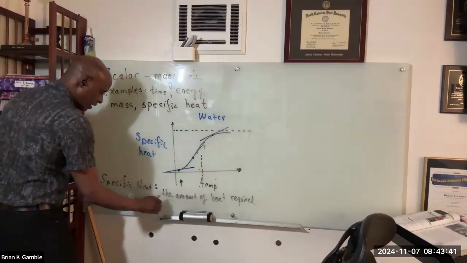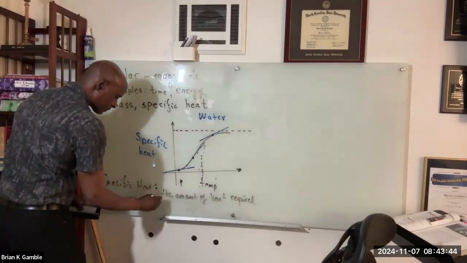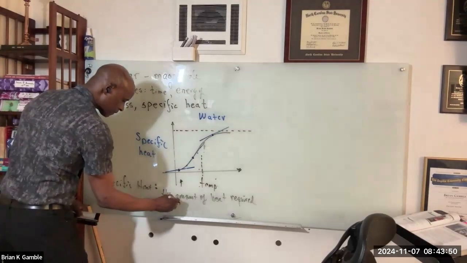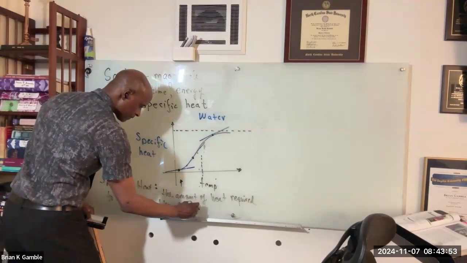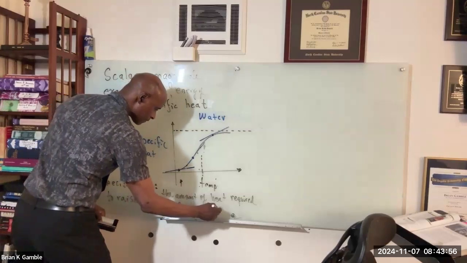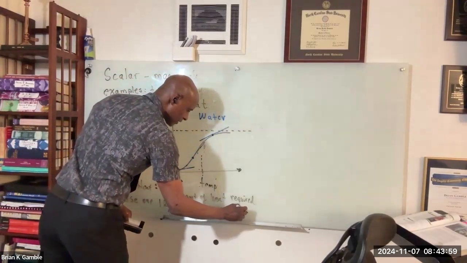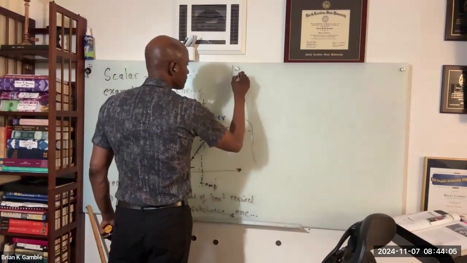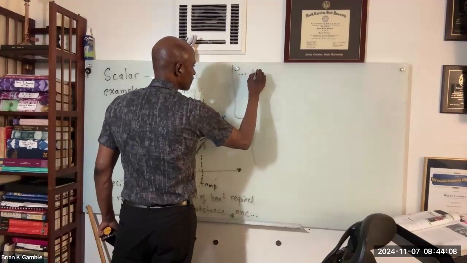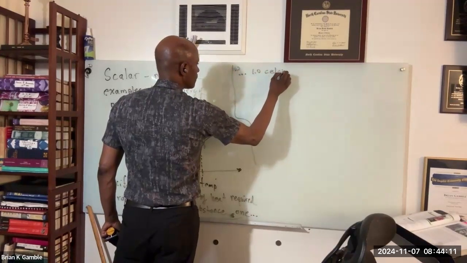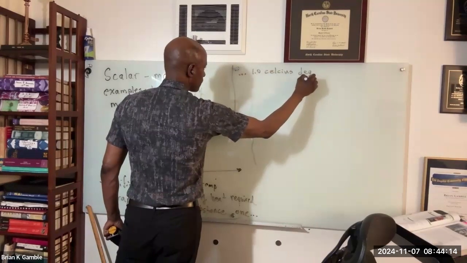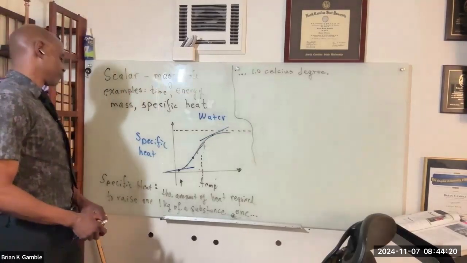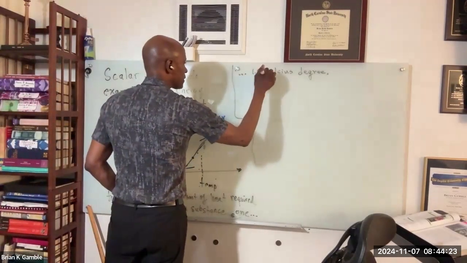I said 1 gram, I think. 1 kilogram of a substance, 1 Celsius degree. Okay, hopefully you can see that. Oh, it's capitalized.